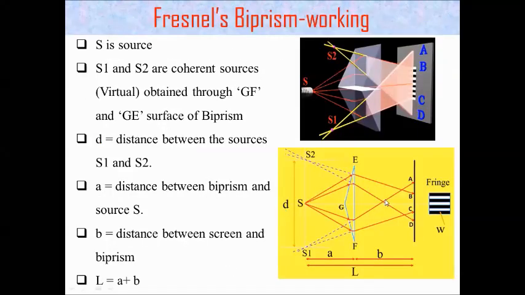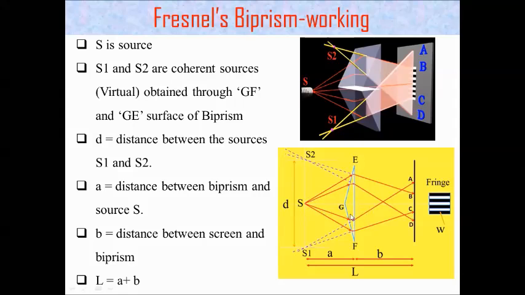In the figure, S is a narrow slit of monochromatic light. The light from the slit S is allowed to fall symmetrically on the surface of the biprism.